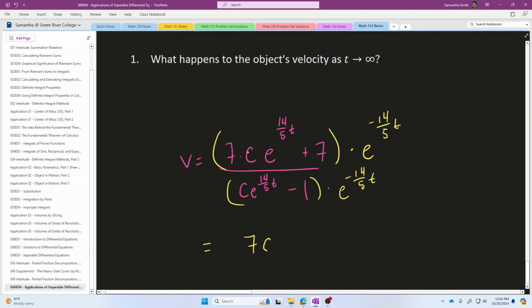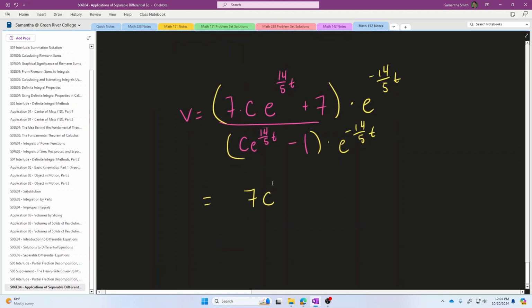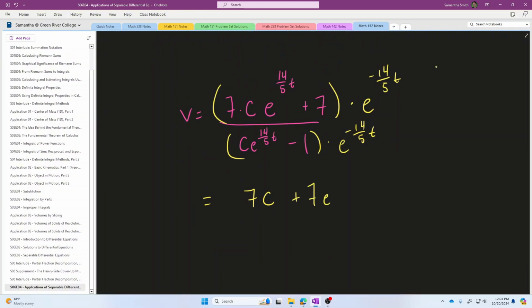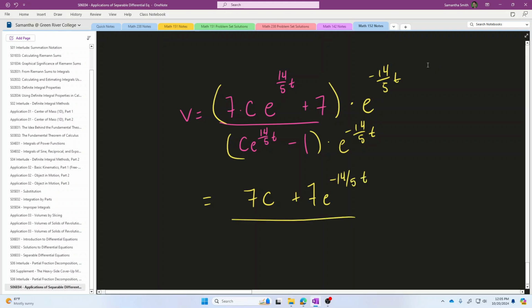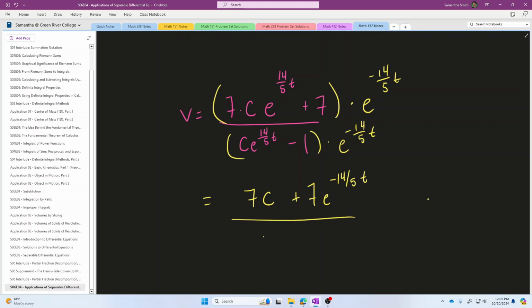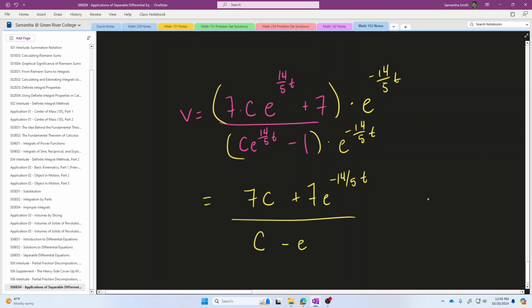which is going to change these terms in the front to just 7c, as this exponential cancels this exponential, and then in the back, 7e to the minus 14 over 5t. And in the denominator, similarly, this exponential will cancel with this one, giving me just c in the front, and then this exponential with the negative power in the back.